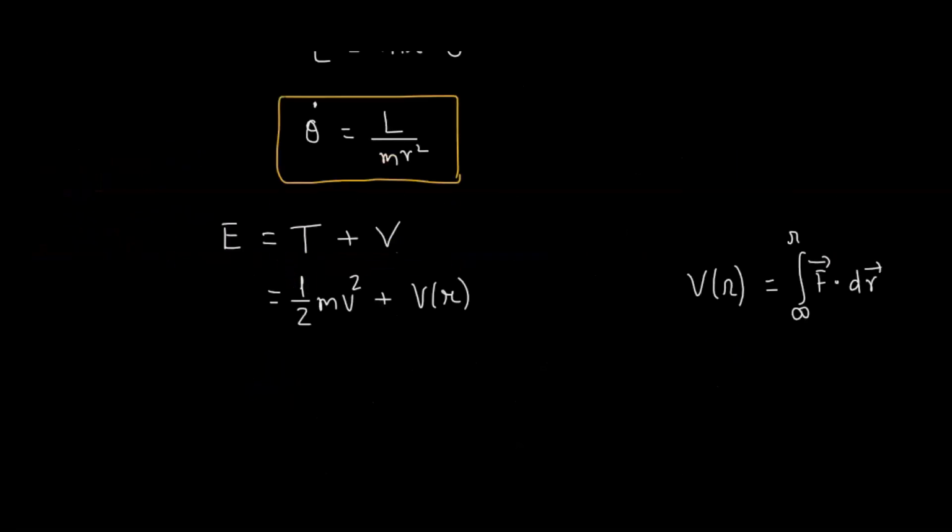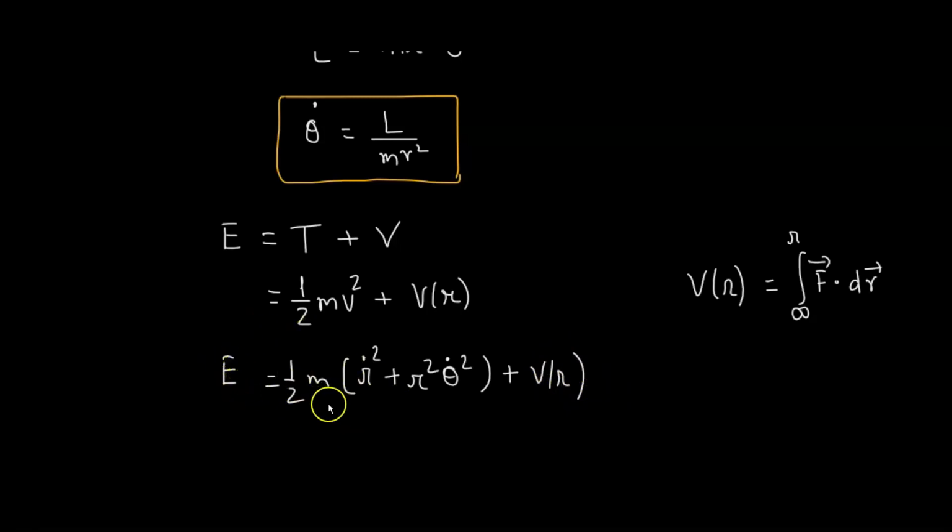We have half m v squared. So in place of v, we'll have half m times (r dot squared plus r squared theta dot squared) plus V of r, and this is going to be the constant E.